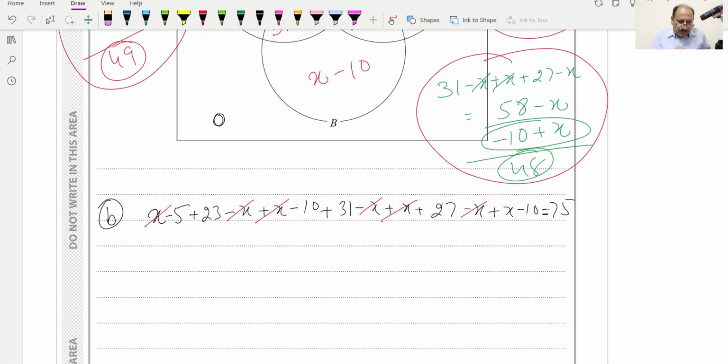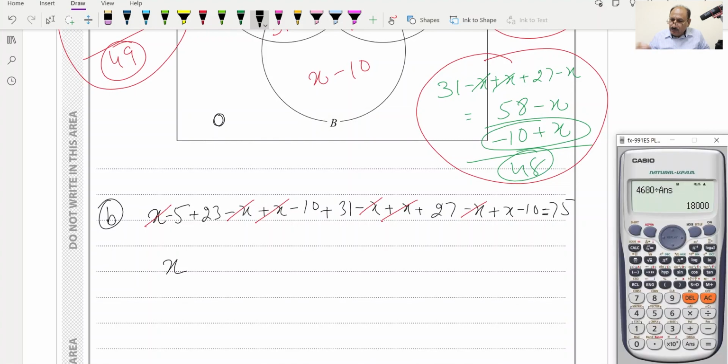So we can write here x, and the rest of the things we can calculate: minus 5 plus 23 minus 10 plus 31 plus 27 and minus 10 is equal to 273 basically. How did we get this 273?